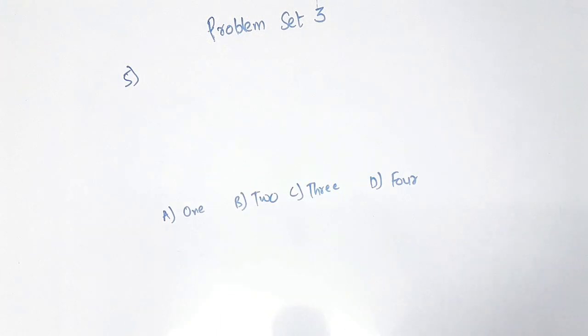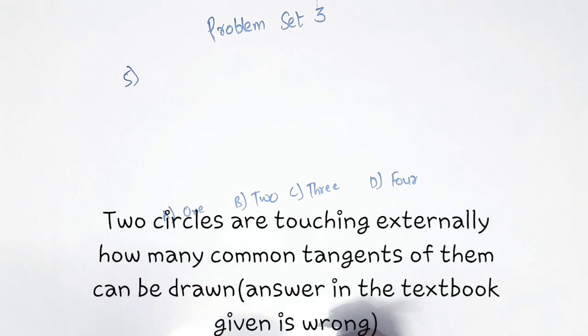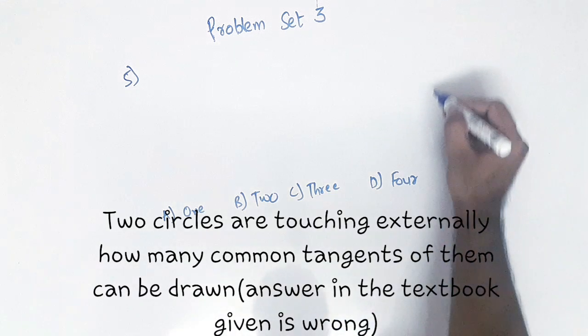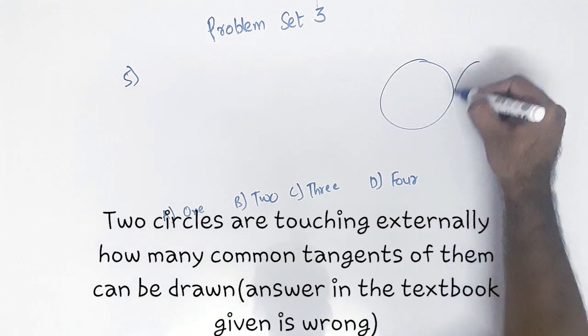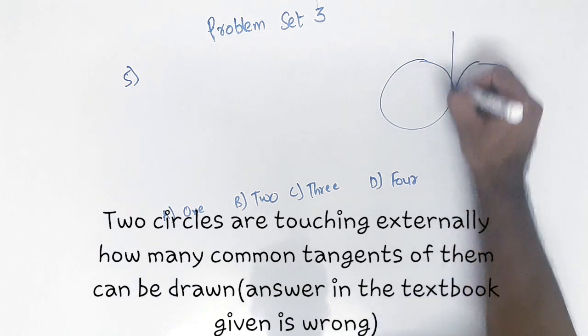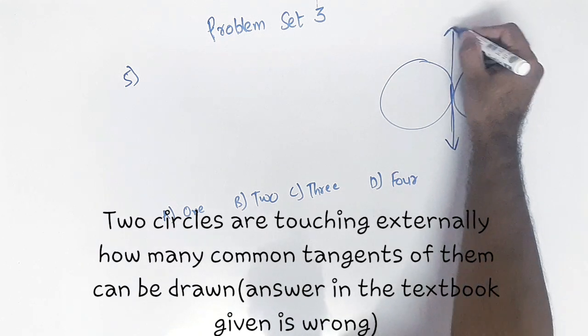Then, the fifth one is, two circles are touching externally. How many common tangents of them can be drawn? When two circles are touching externally, it means we will have only one common tangent.